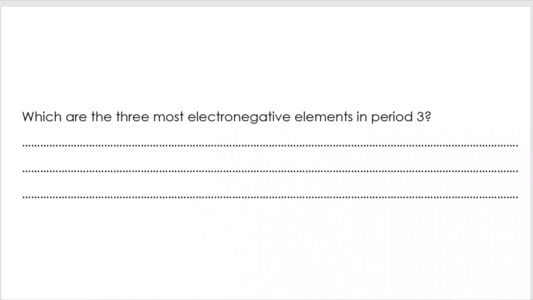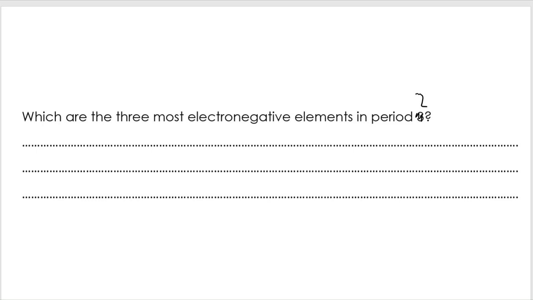But let's now think about the 3 most electronegative elements in period 3. And as you go across that period, and I have just realised the error, it's actually period 2 that we're interested in.